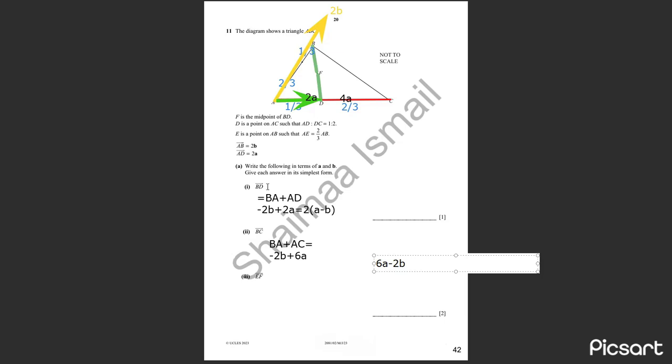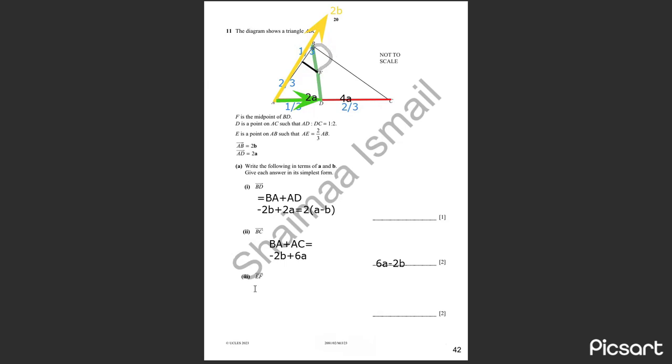Here EF, sorry. And searching for the E, where is the E? Here is the E, yes. EF, this one. Okay, let's mark it. Here is the EF. So to get the EF, we can move from E to B and then B to F. Is it right?